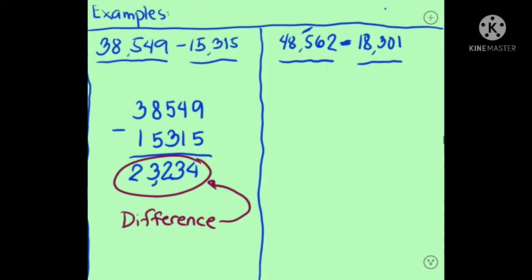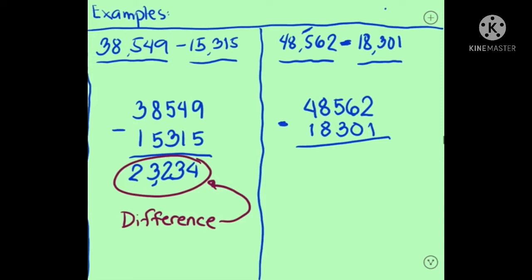Okay, this one is our minuend, correct? We have here 48,562. And then our second number, 18,301. Make sure again their digits are aligned, okay, based on their place value. So we have that one, the minus and the equal symbols. Now let's do the process.